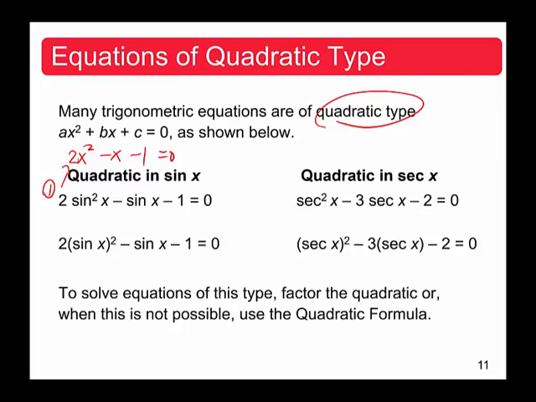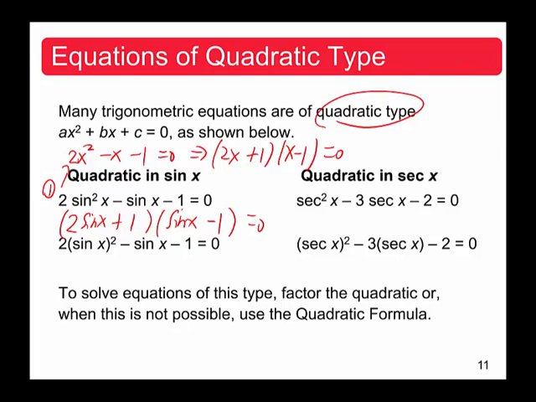Basically you just factor, like 2 sine x plus 1 and sine x minus 1, just like how we factor 2x squared minus x minus 1, which is 2x plus 1 times x minus 1. From there you set each linear factor equal to 0 and then solve for the unknown.